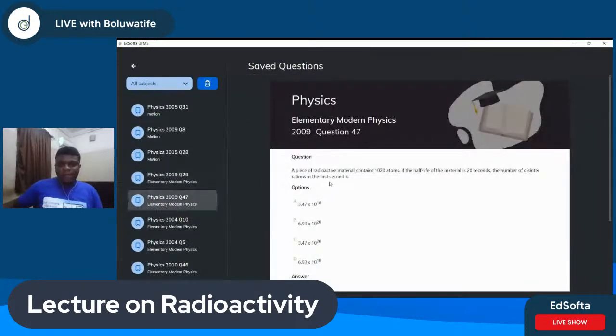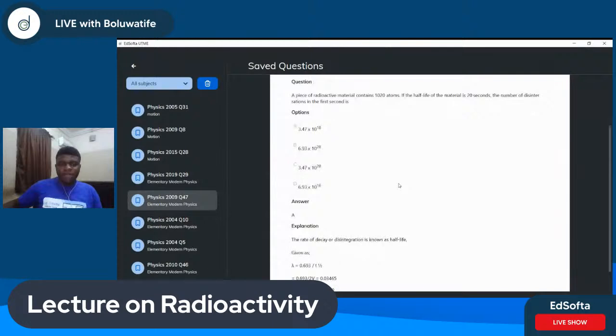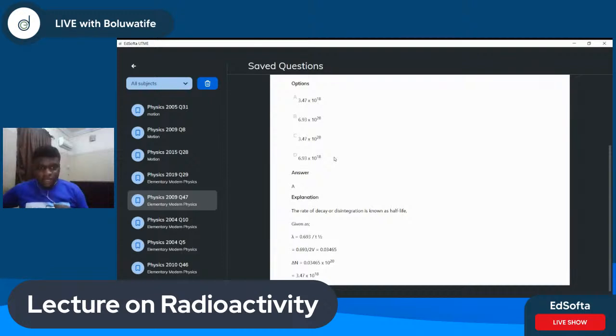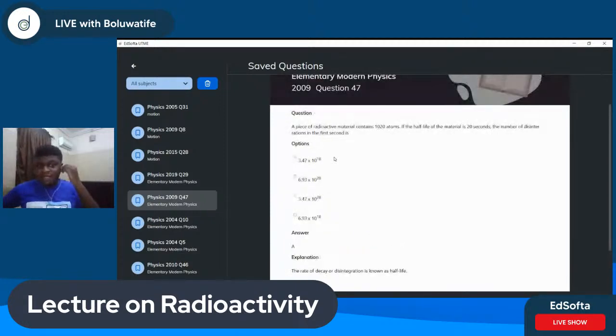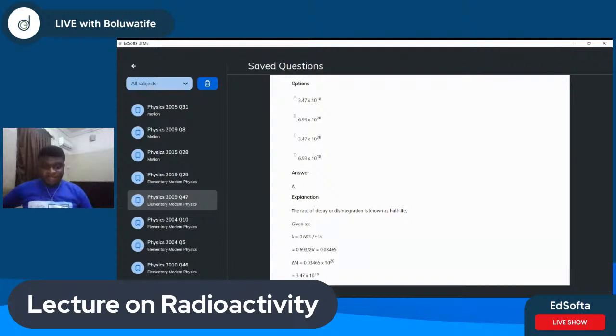The next one: a piece of radioactive material contains 10^20 atoms. If the half-life of the material is 20 seconds, find the number of disintegrations in the first second. I did not bring up this formula actually, and it tells us the number of disintegrations.